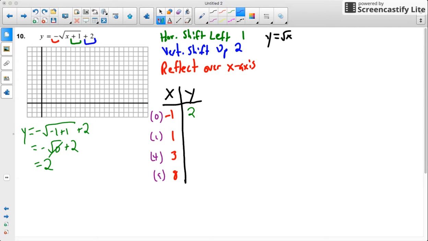Next, I have y equals the negative square root of 1 plus 1, and hold on, I think I have a little error here. If I plug in a 1, I'm seeing that this is going to be square root of 2. I don't want that thing to be a square root of 2. I want it to be a perfect square. So it looks like I'm going to have to change this to a 0.